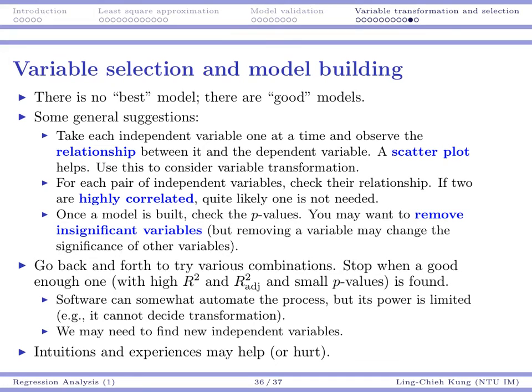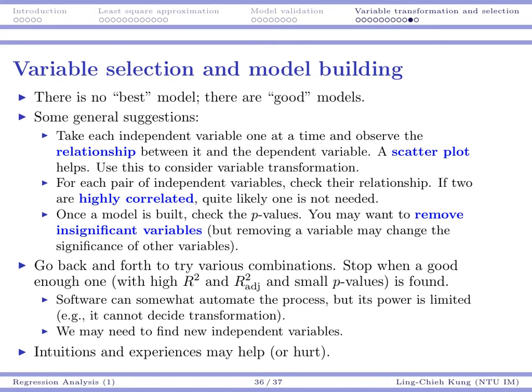All it can do is, if you give it 10 or 20 variables, it does some kind of heuristic search to reach one subset of variables and report that to you. But it cannot even guarantee whether it is optimal among all possible combinations. Okay? Plus, it cannot decide transformation or some more things. So we really need to find a model by ourselves.